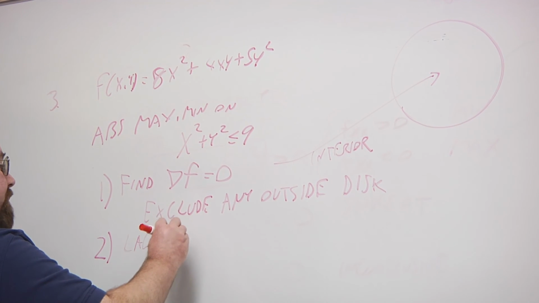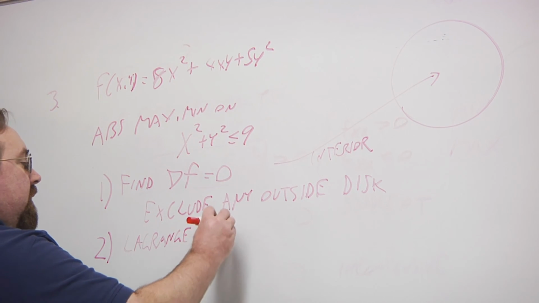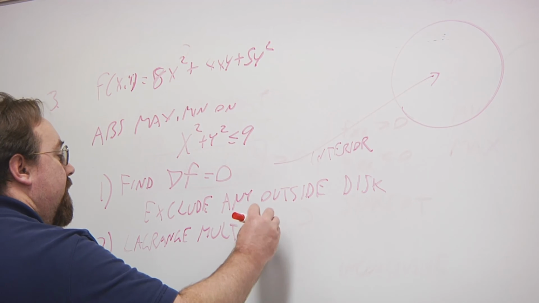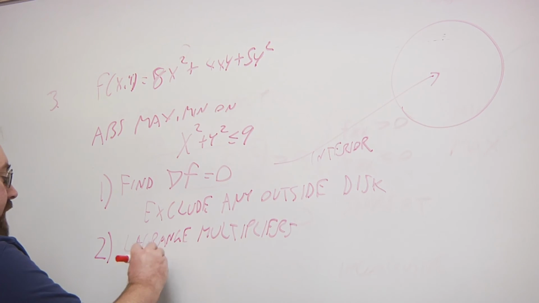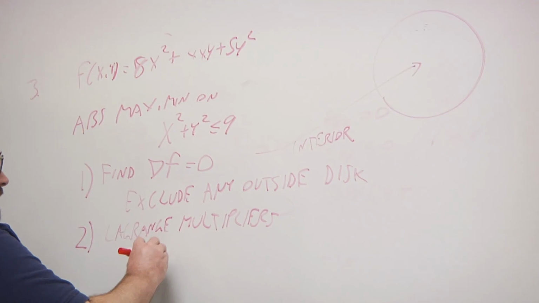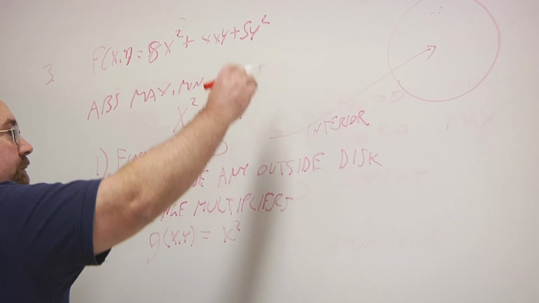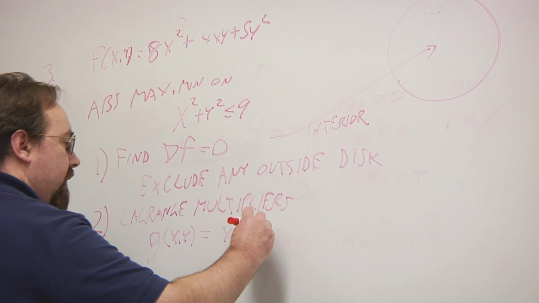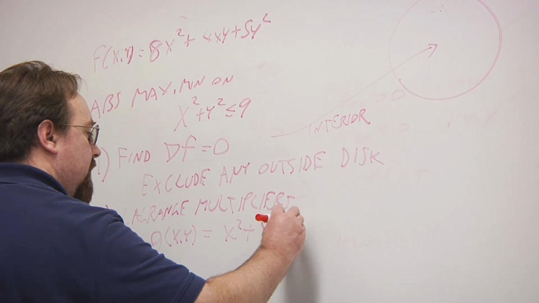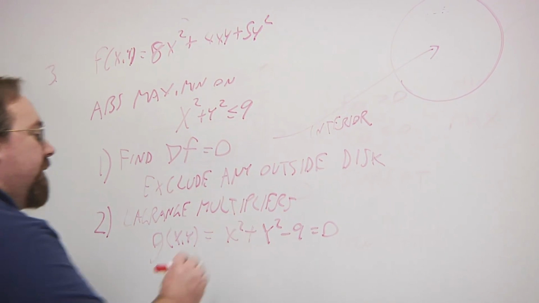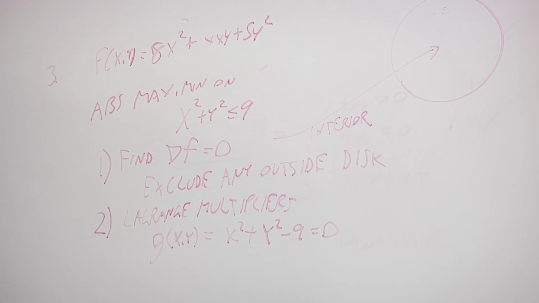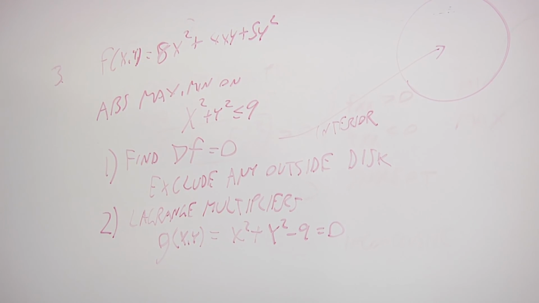So this is more like the second problem. You use the method of Lagrange multipliers, and your constraint is that you're limiting yourself to the circle. So this is your constraint, x squared plus y squared minus 9 equals 0.